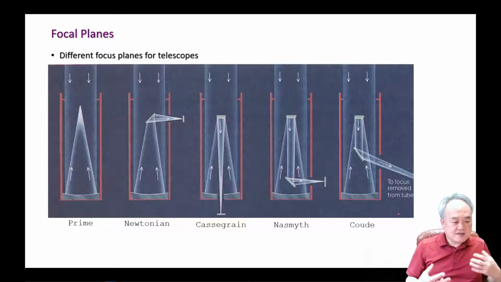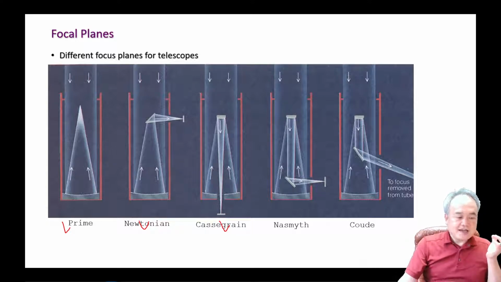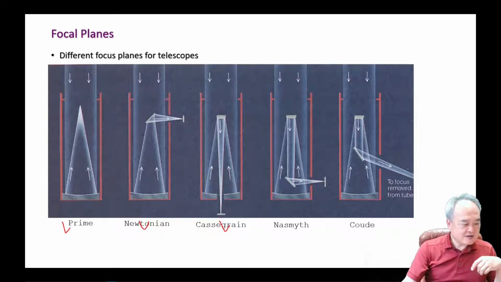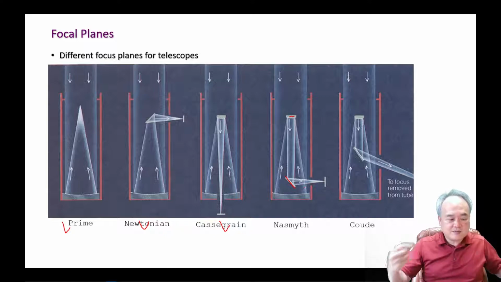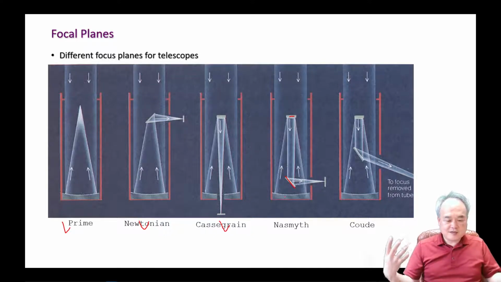Okay, so let's look a little more at the different designs as well. We already saw the prime focus, Newtonian focus, and Cassegrain focus that we already talked about. Another type of design is some variation of the Cassegrain and the Newtonian, using the secondary mirror in front and a tertiary mirror, a tilted mirror that brings the focus out of the telescope tube, such as in the Newtonian, but it is close to the primary mirror.